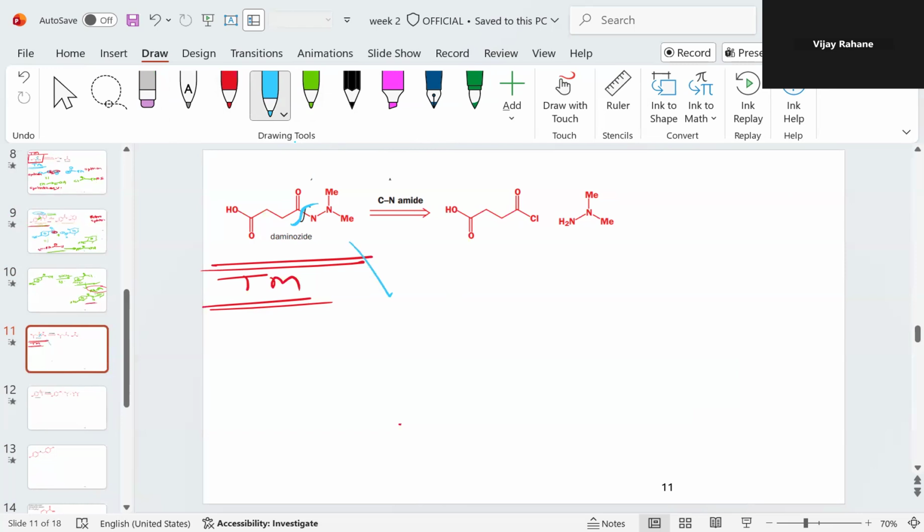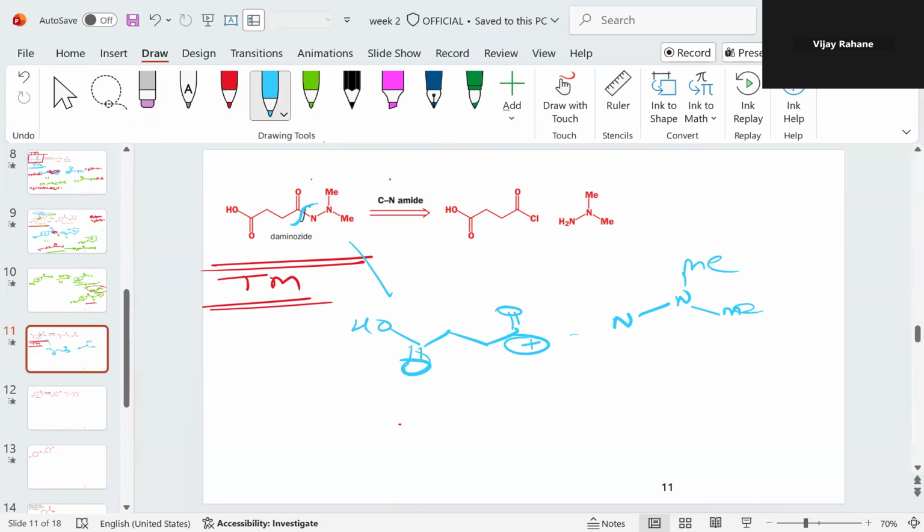So what are the synthons? This is the OH, which comes from the acid, CH2, and sorry, here this will be the delta positive, the positively charged, and the negatively charged species is this NMe.